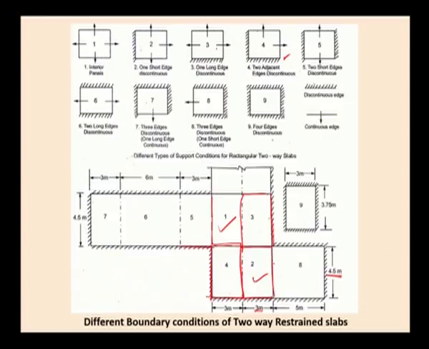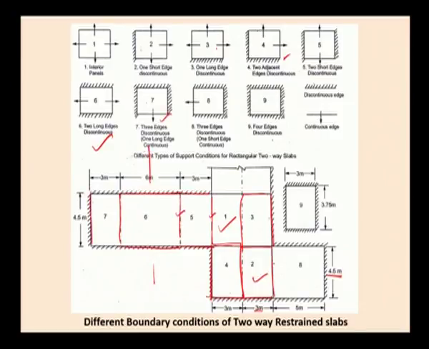Here these 2 edges are short edges, 3 meter, and this one is 4.5 meter, and the 2 long edges are continuous. 2 long edges discontinuous, that is the 6th one. These are the short edges, these 2 long edges are discontinuous and these 2 short edges are continuous, since we do not have any building beyond the panel on the sides.